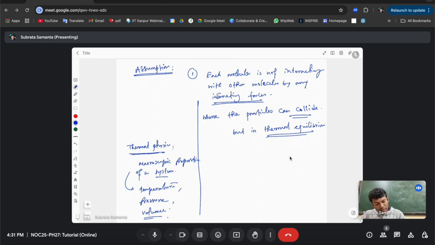Now, we can compute the energy of each molecule. How do we compute the energy of an individual molecule?